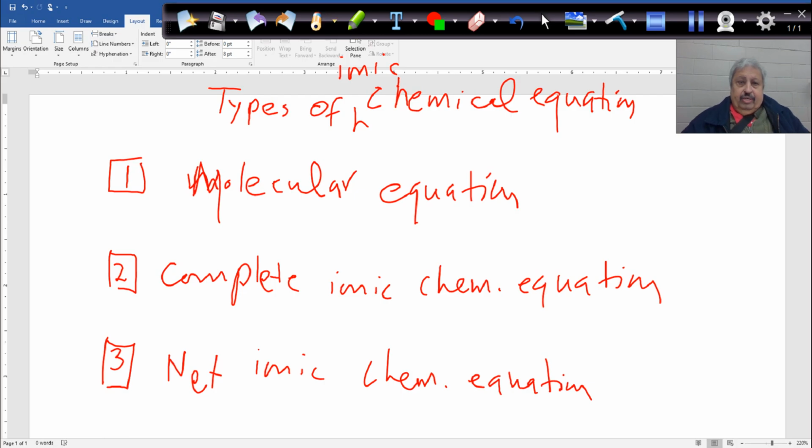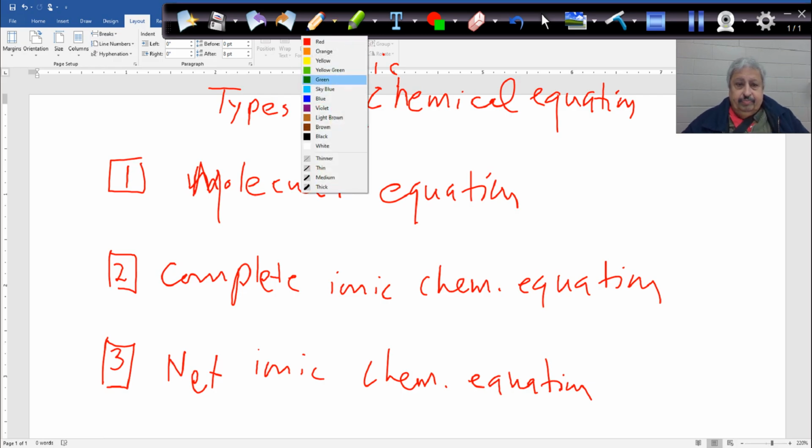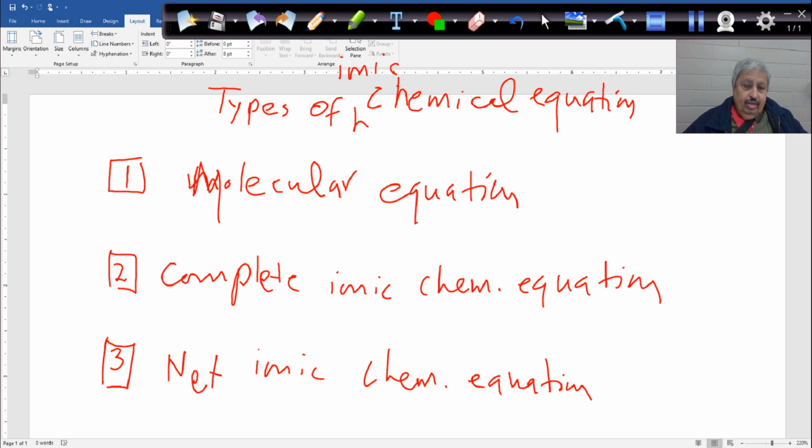So we are looking at those here. I have the ionic molecular equation here.